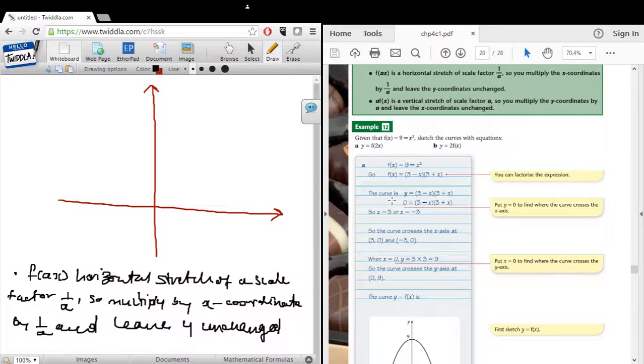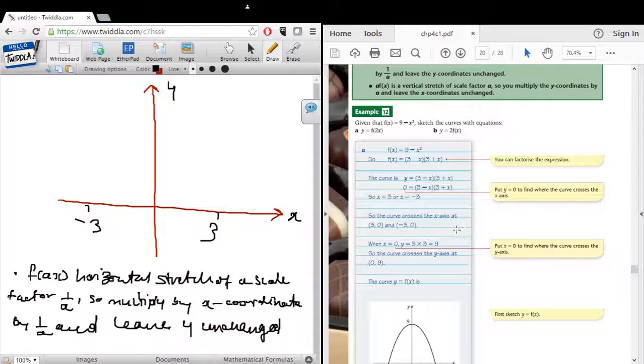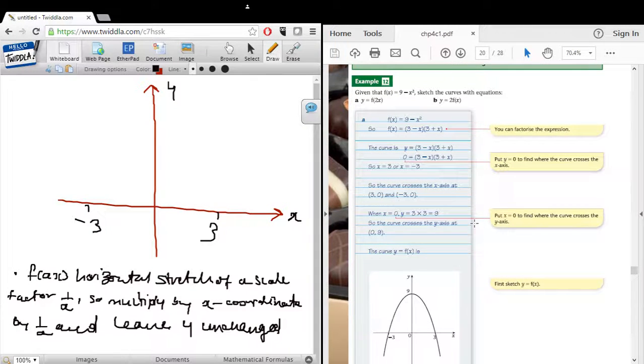So when y is equal to 0 on the x-axis, that means you have 3 according to their example and minus 3. Okay, so now x is equal to 0. This means that y crosses at 9. Okay, 9. So the curve is drawn as such. Comes back down.